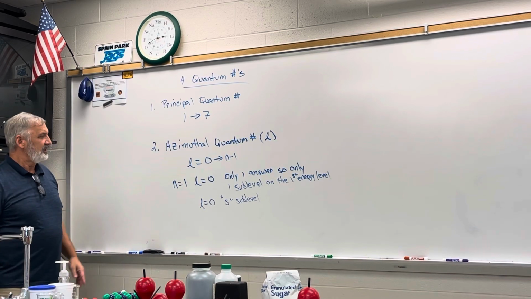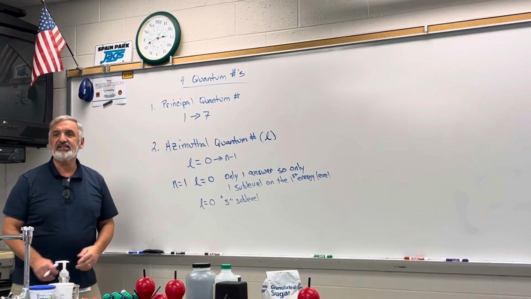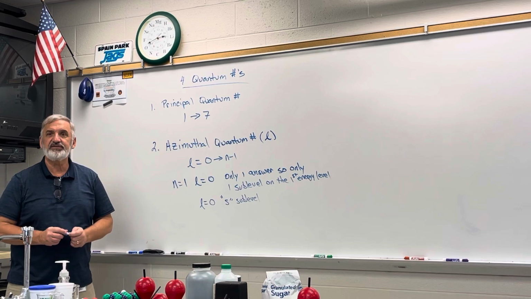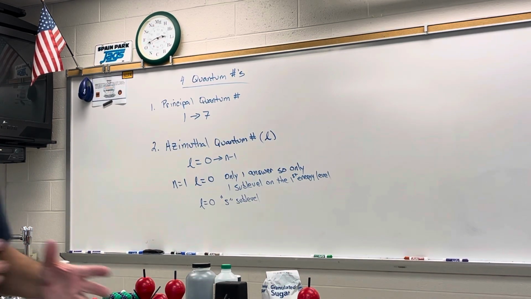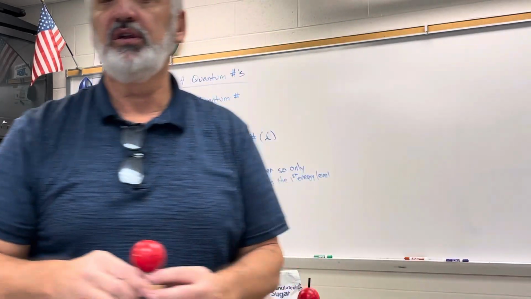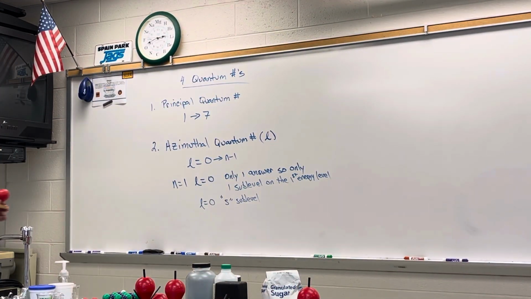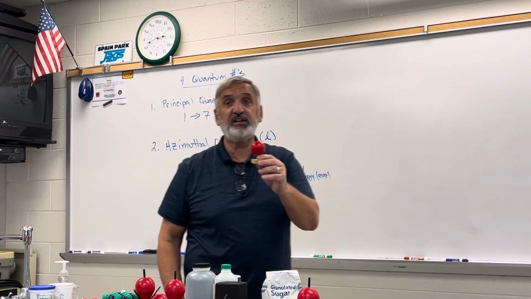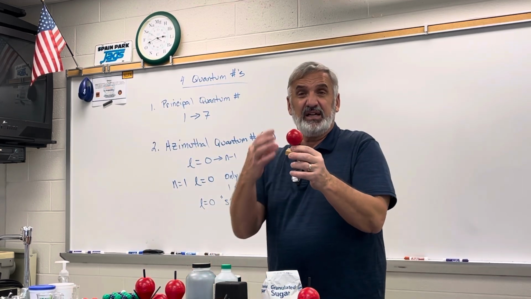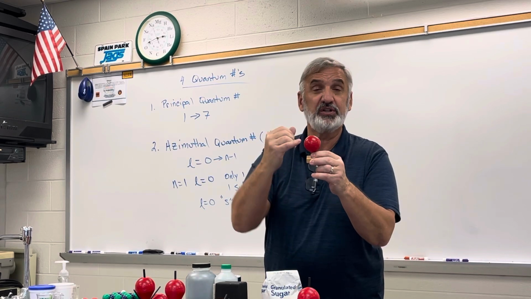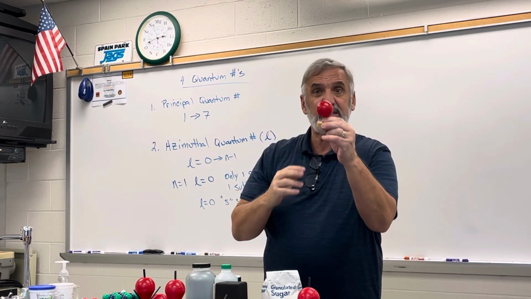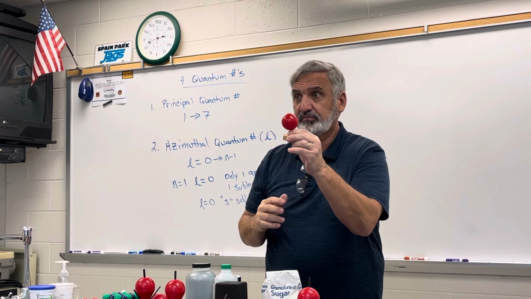Okay. The s sublevel, what's the shape of an s sublevel? Spherical. Okay? An orbital, there's only one room on this first energy level. It's the s sublevel, and all the orbitals, of which there's only one, are spherically shaped.